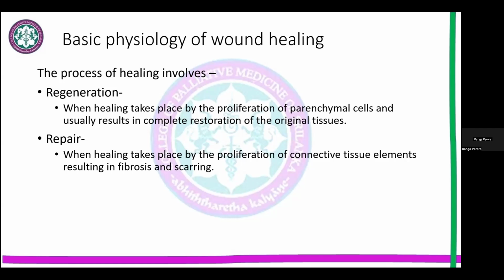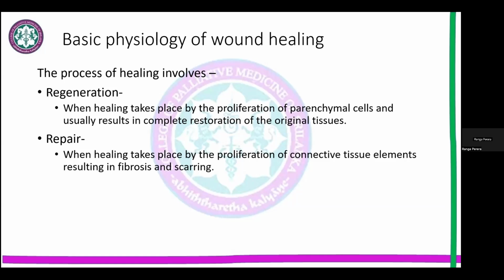But some tissues cannot be regenerated. In that case, the tissue is replaced by fibrous tissue. That process is called repair. The healing takes place by proliferation of connective tissue elements, resulting in fibrosis and scarring.